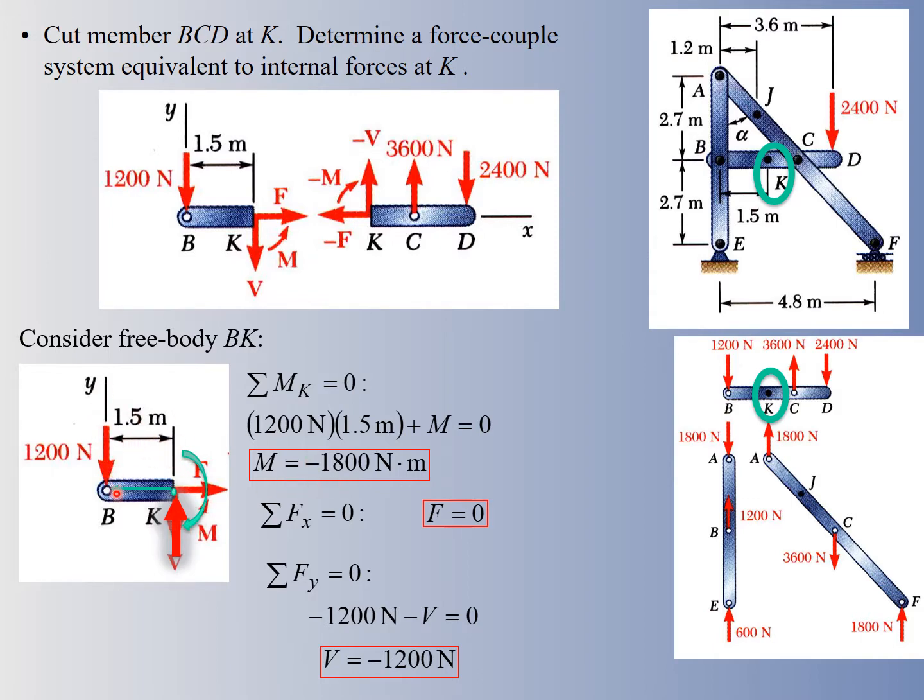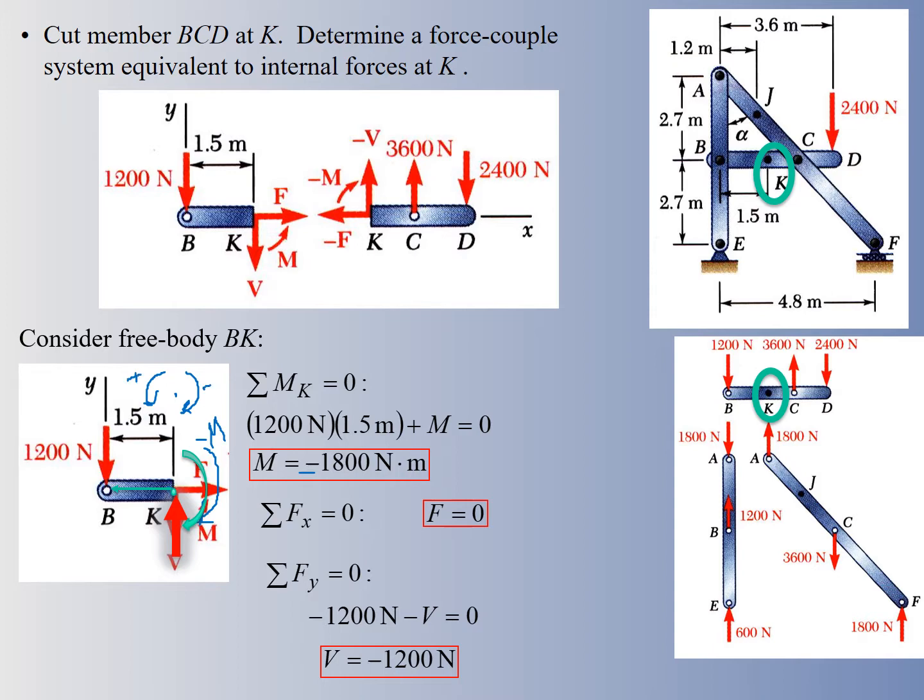So we would be fighting this guy coming down. Let me just draw this in. So around K, our moment is actually going to be going in this direction, right? So we have the 1200 acting one way, and so internally we're going to be in here in the negative direction. So that's that negative moment in here, and that's just like screwing it into the board.